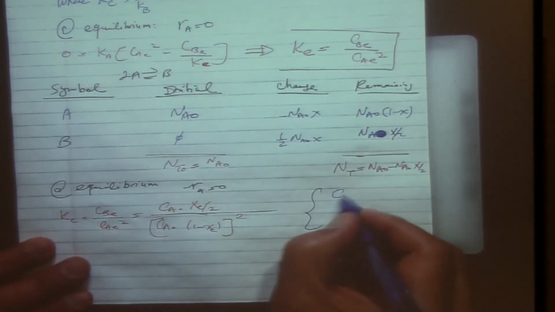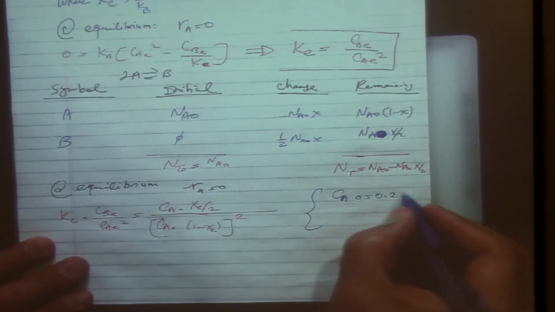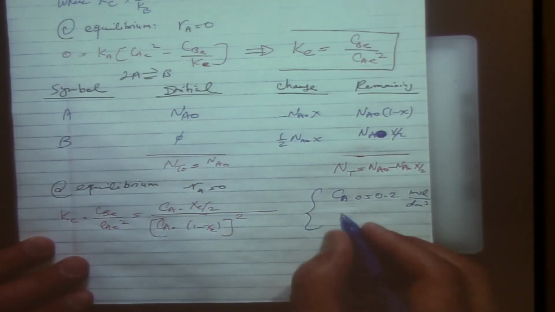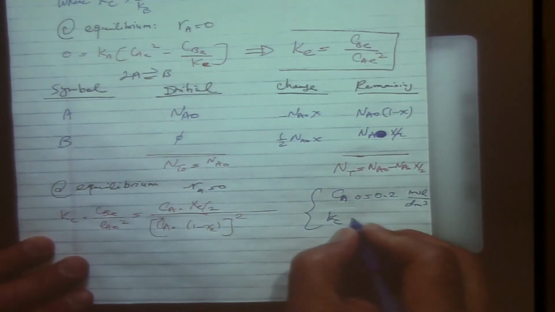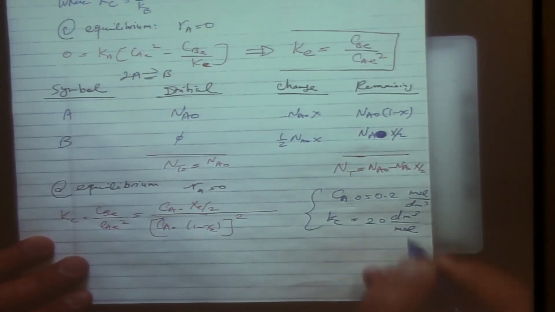We have Ca0 to be 0.2 mole per liter, and Kc was 20 liter per mole.